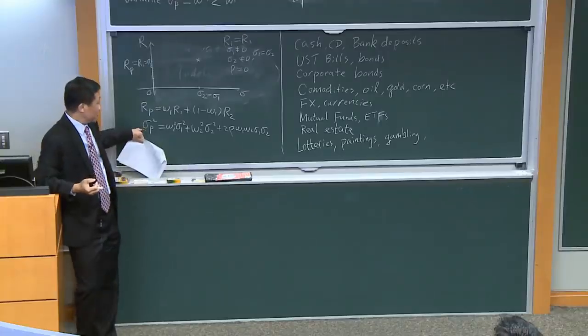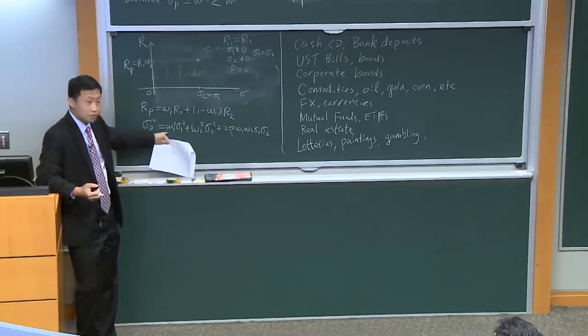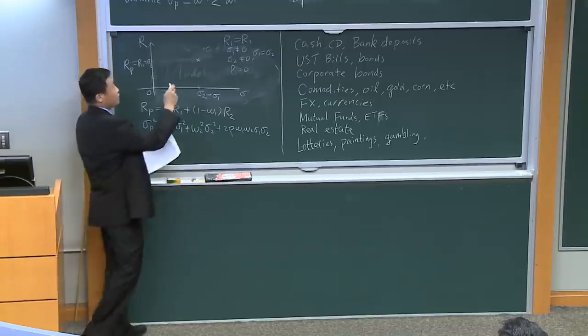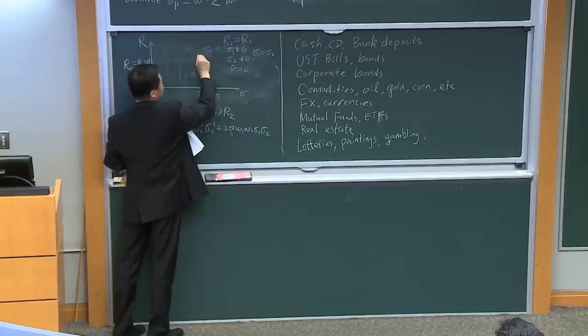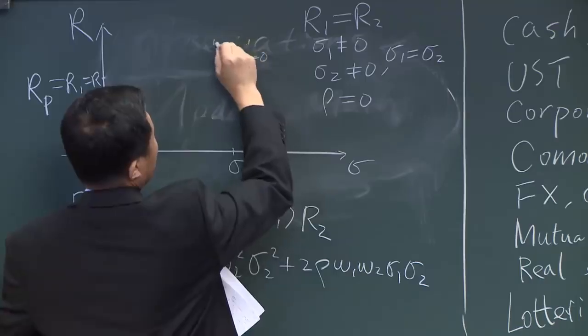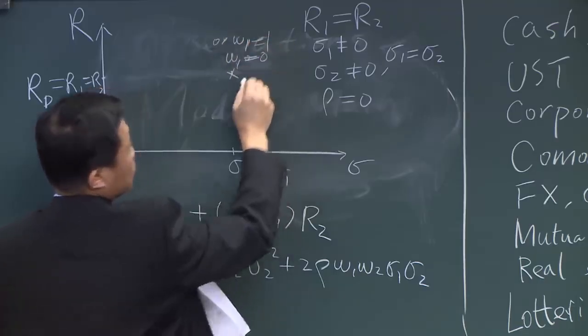So you take the derivative of this variance with regard to the weight, right? And then you minimize that. So at this point is W1 equal to 0 or W1 equal to 1.